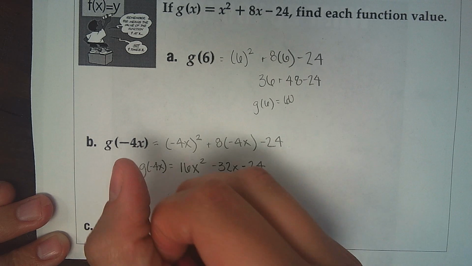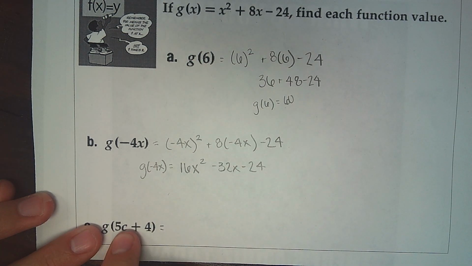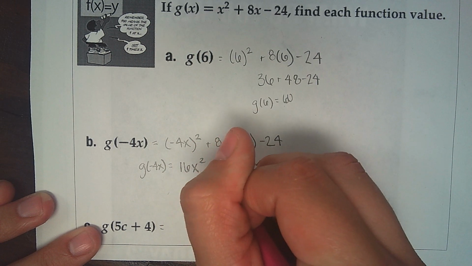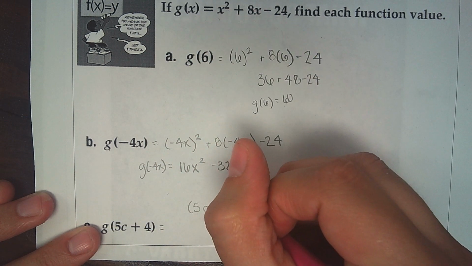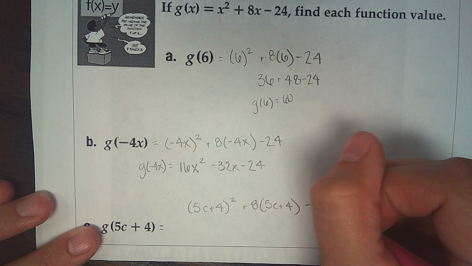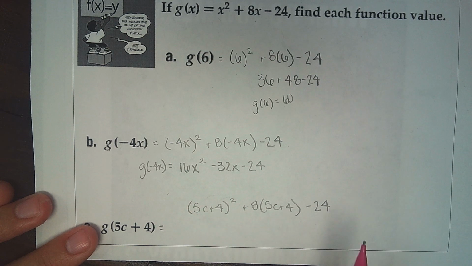All right, last one. This time my input is a binomial, but I'm going to do the same thing. So I'm going to have my input squared plus 8 times my input minus 24. Now we have to make sure we clean this up correctly. Earlier I saw people just distributing that 2 in there. But remember, because it's a binomial, I have two terms in there separated by addition.